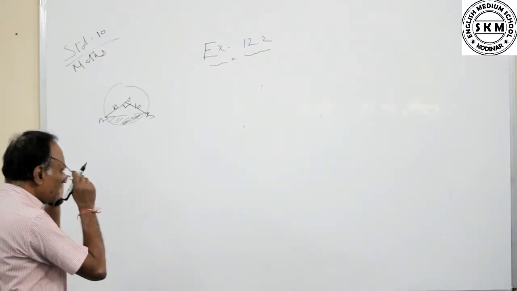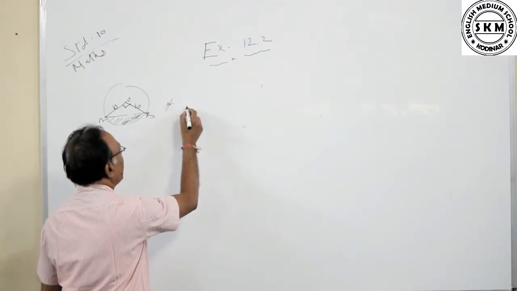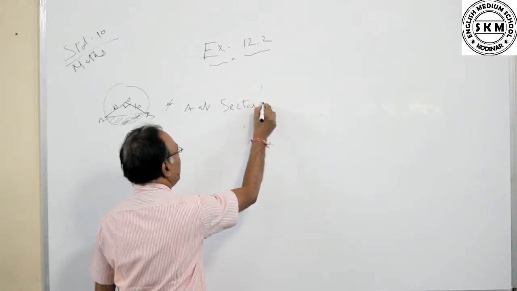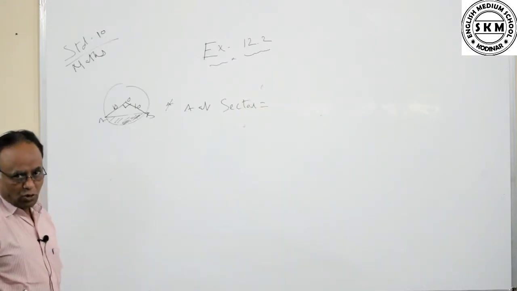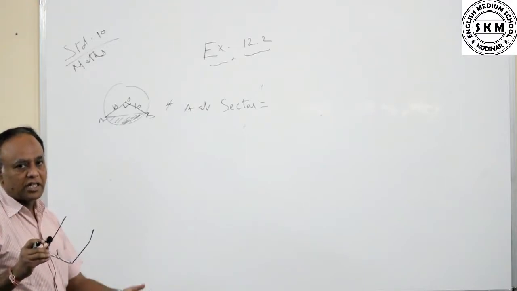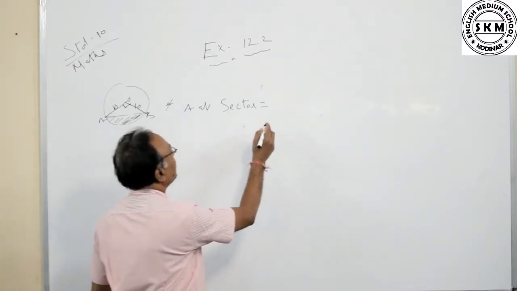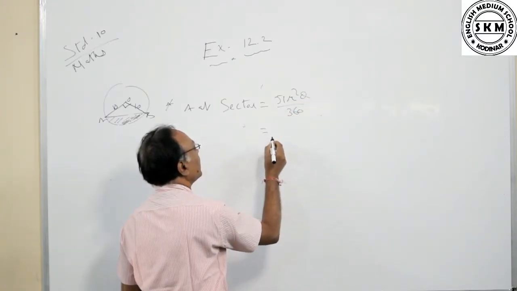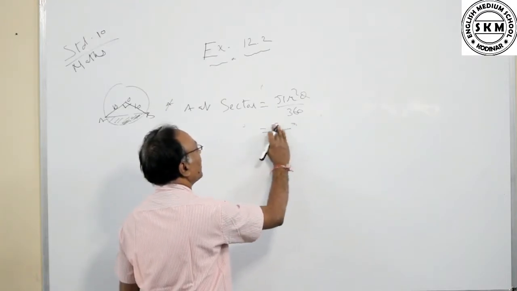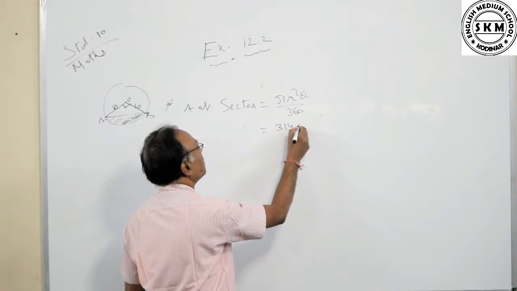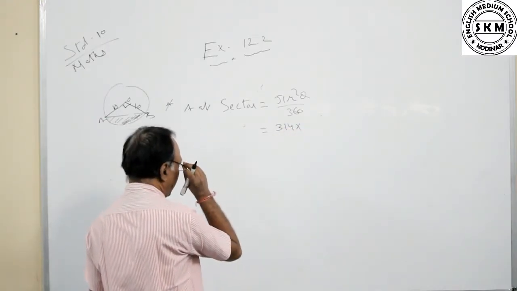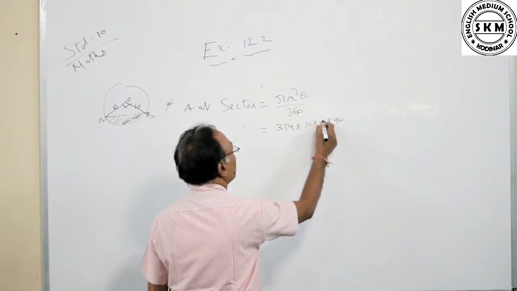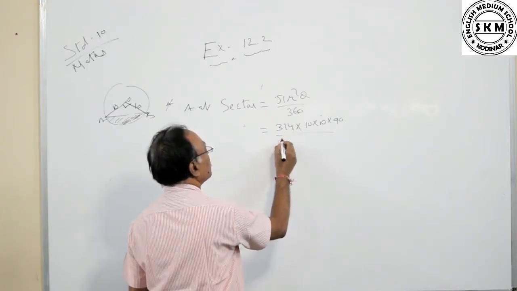First we find the area of the sector, meaning the minor sector. The formula: area of the sector is pi r square theta upon 360. Pi value is 3.14, radius is 10 into 10, theta is 90.